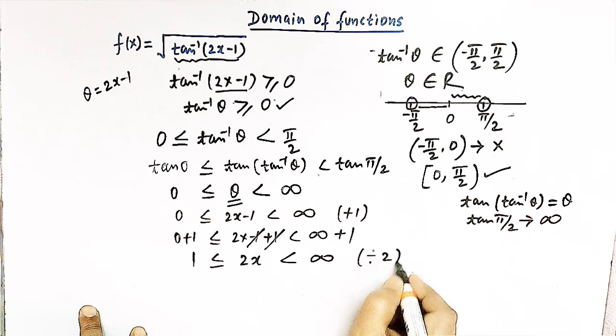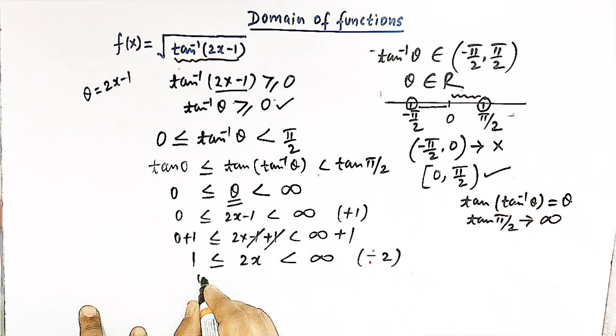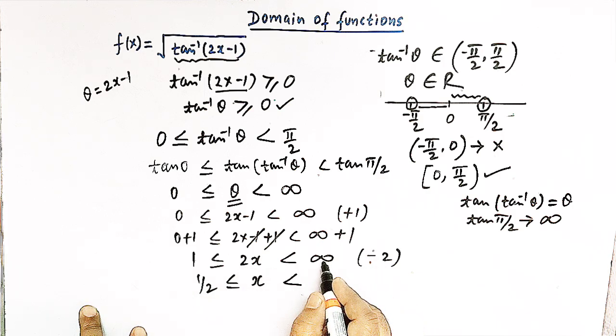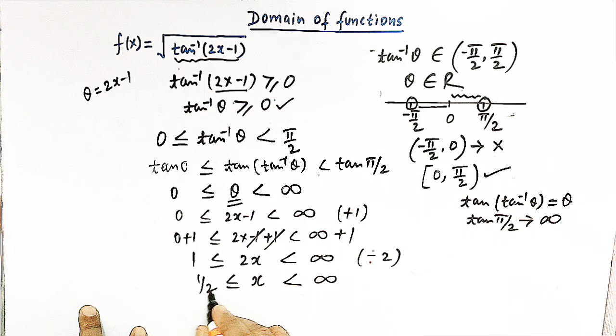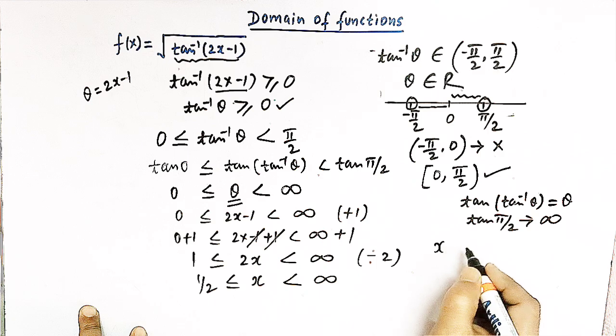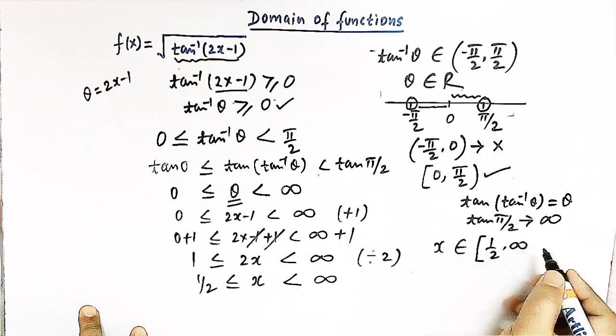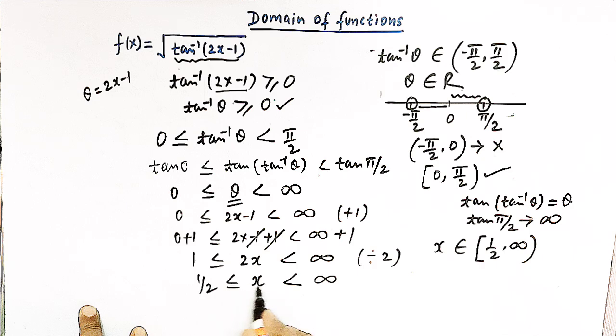We have half, then x, since 2 and 2 cancel, and an infinitely large number divided by 2 is again infinity. So x belongs to the interval half to infinity, where x equal to half is included.